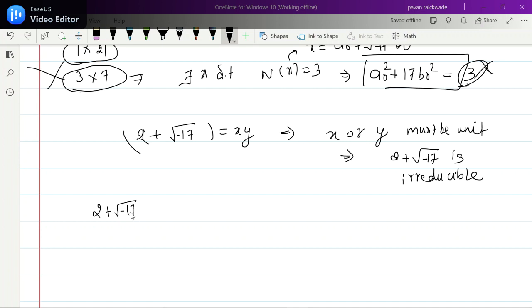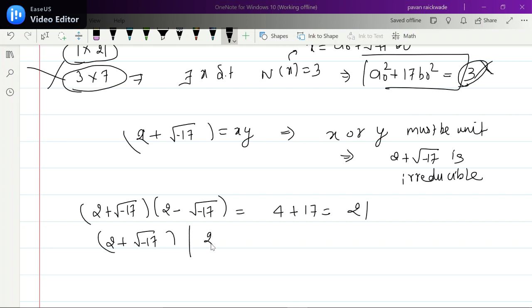The definition of a prime element says: if the element divides the product of two elements, then it must divide one of the two elements. So let's see. What we know is 2 plus root minus 17 into 2 minus root minus 17 is a square minus b square, which is 4 plus 17, which is 21.